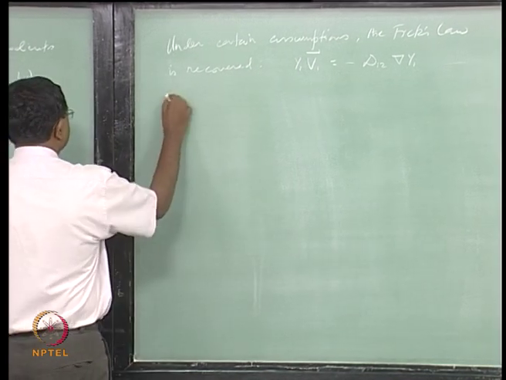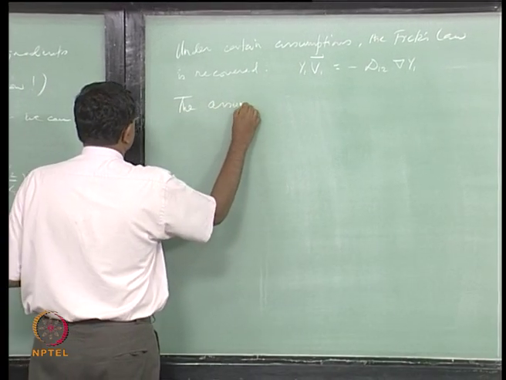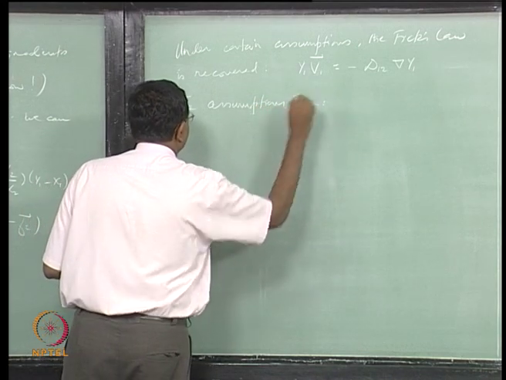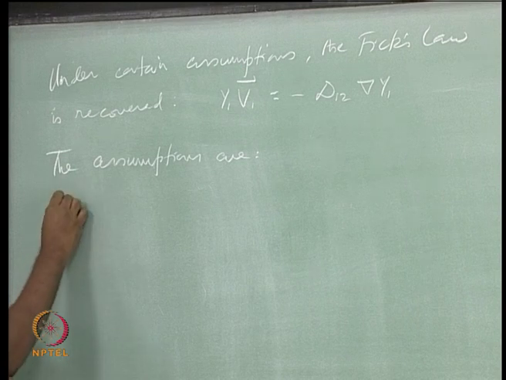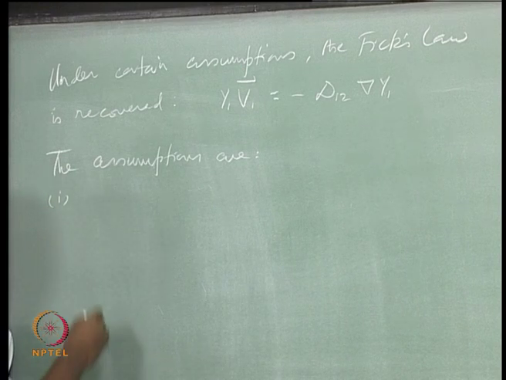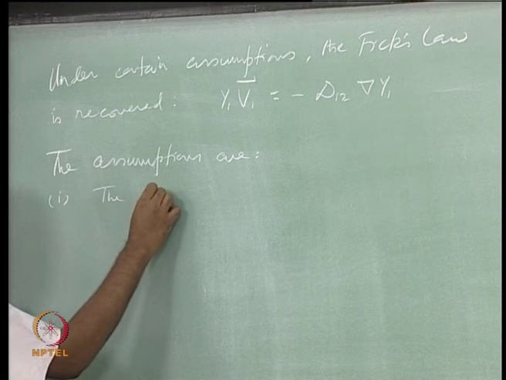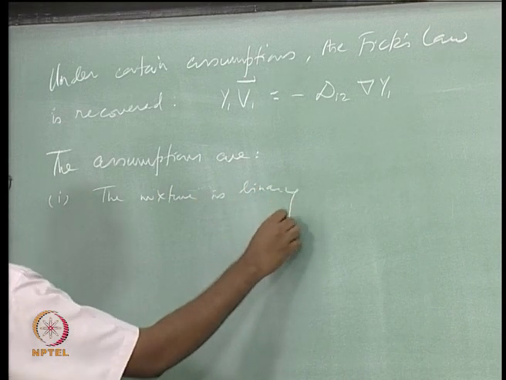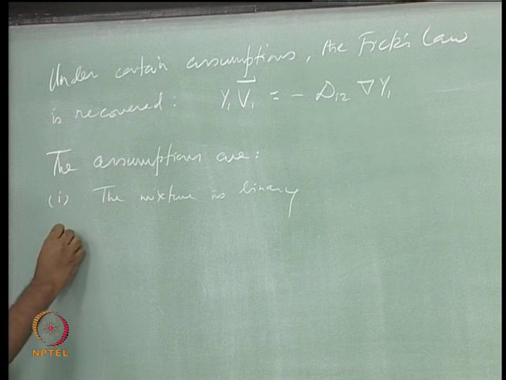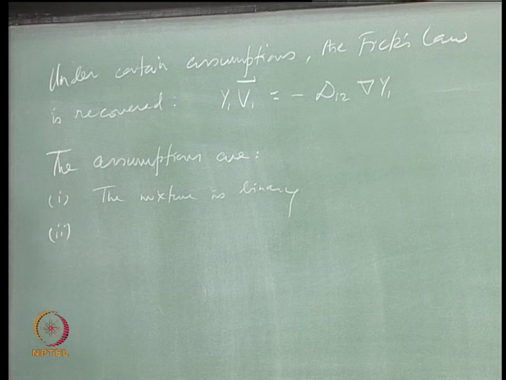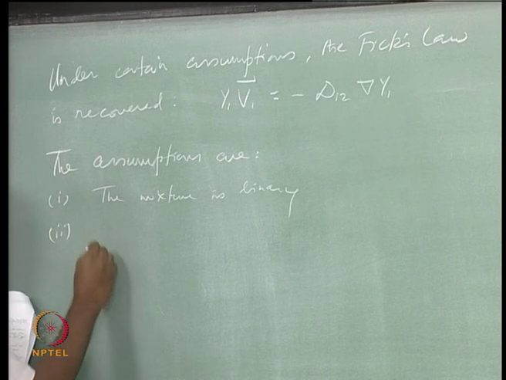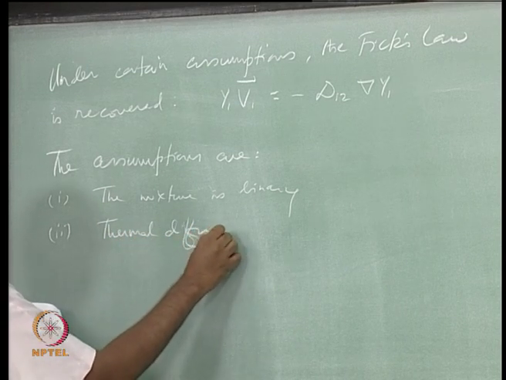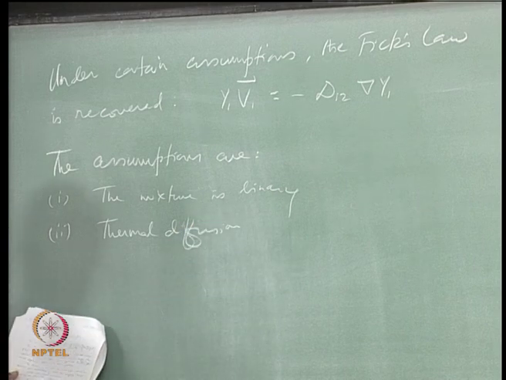So the assumptions are: one, the mixture is binary. Of course, we are looking at applying this to a binary mixture in the first place. Two, the thermal diffusion is negligible.